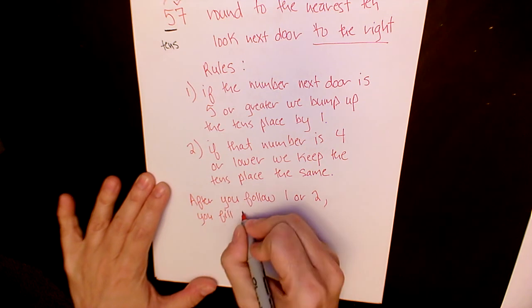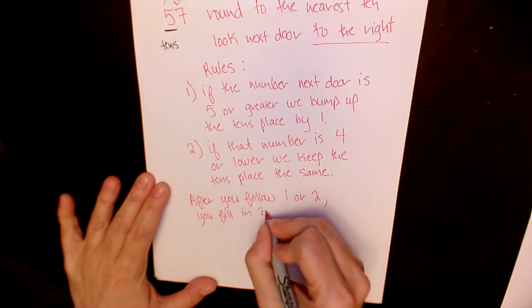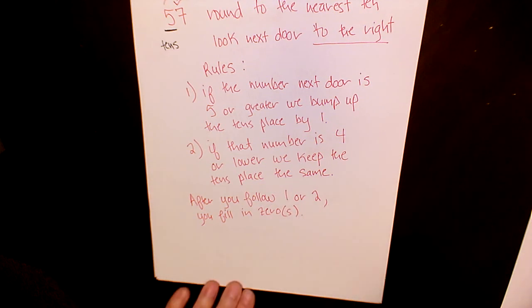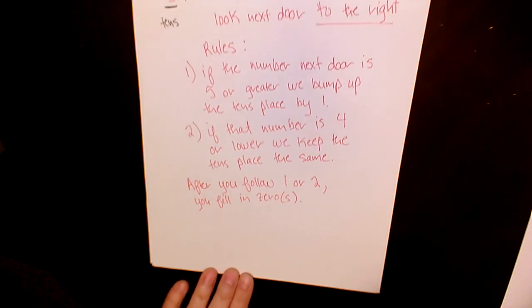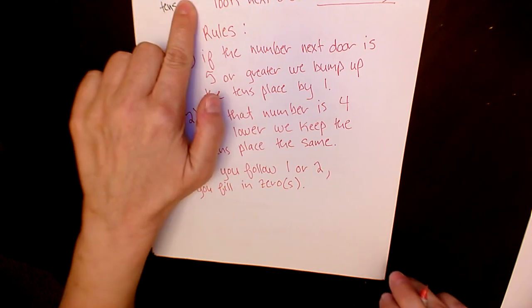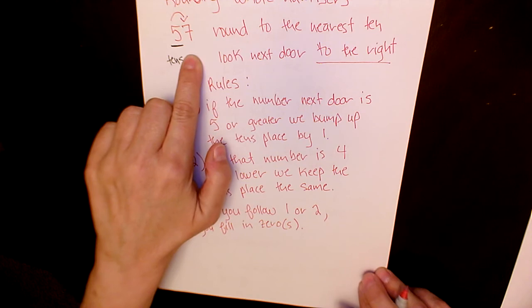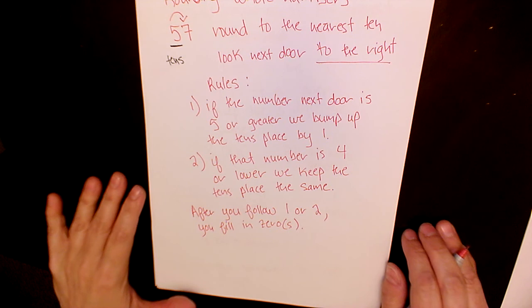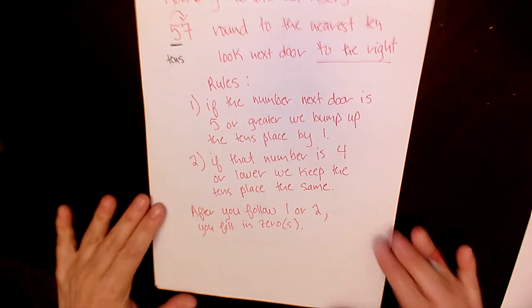You fill in your zeros. So 57, we look next door to the 7. Is 7 5 or higher or 4 or lower? 7 is bigger than 5.